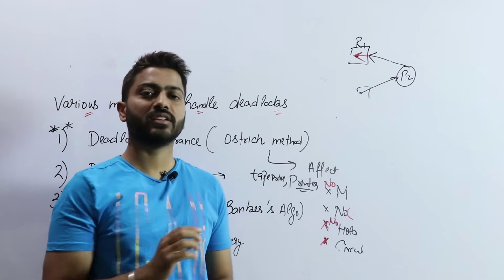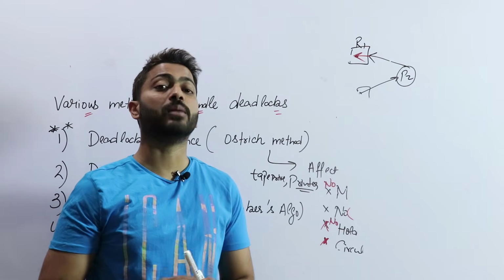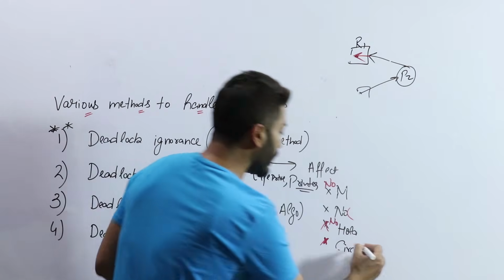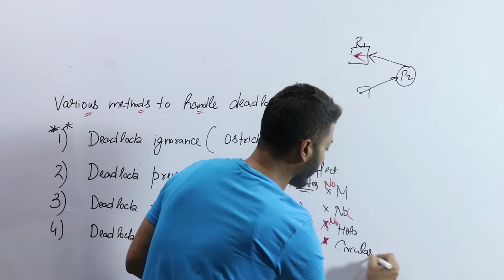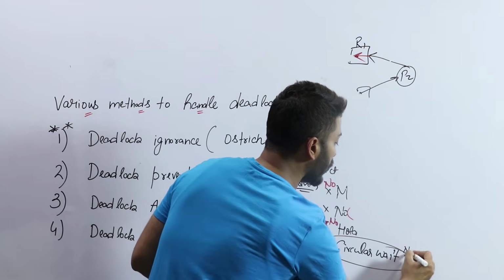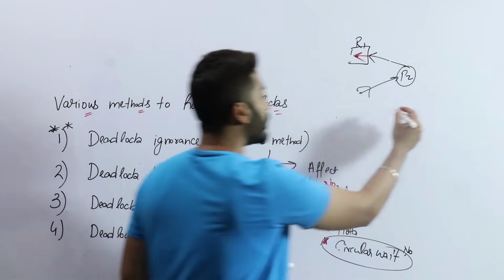This method says how we can remove the circular wait condition: just give numbering, just order all the resources, so that there is no circular wait in my system.